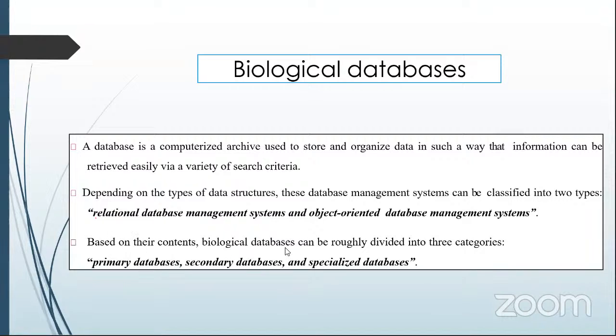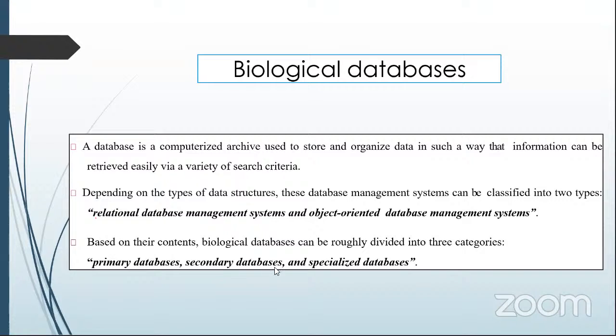Based on the biological databases, bioinformatics databases are broadly divided into three categories: the primary database, the secondary database, and the specialized database. If you are a beginner, you can utilize the primary database, in which you will get different sequence data and some classification of the data.